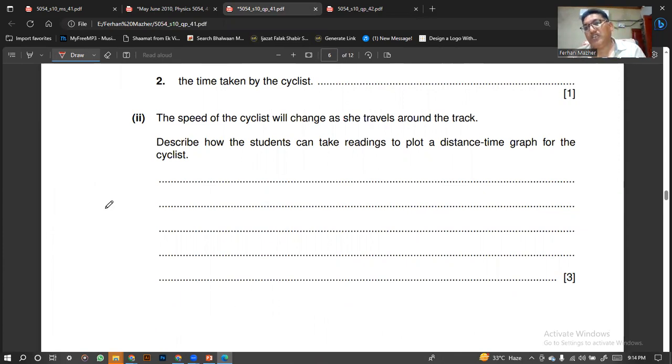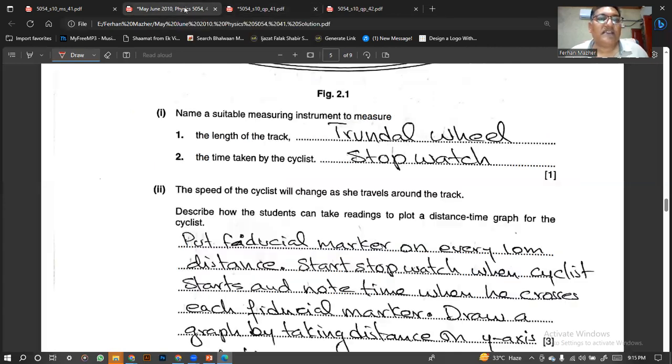We call these fiducial marks. When he starts his race, start the stopwatch. When he's on the first fiducial mark, note down the time. When he's on the second, note down the time. When he is on the third fiducial mark, which means 30 meters, note down the time. When he's on the fourth, note down the time.